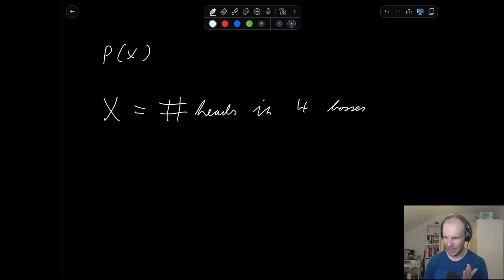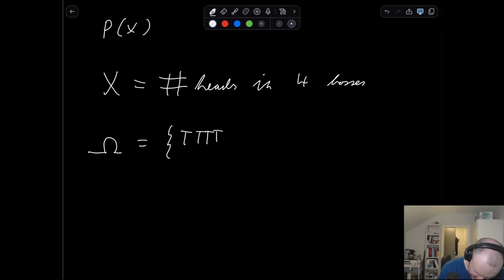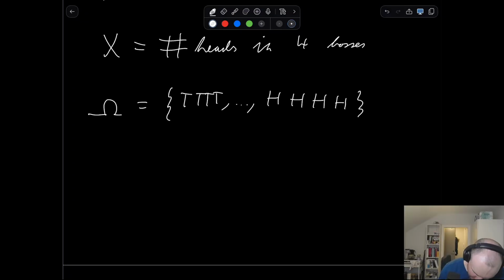Of course, the sample space would then be something like tails, tails, tails, tails. I'm just going to write the first one, and of course the last one, which is heads, heads, heads, heads. But the number of events is 2 to the 4th, which is 16, right?